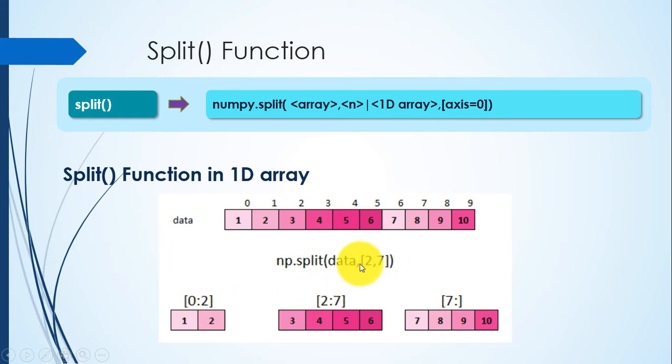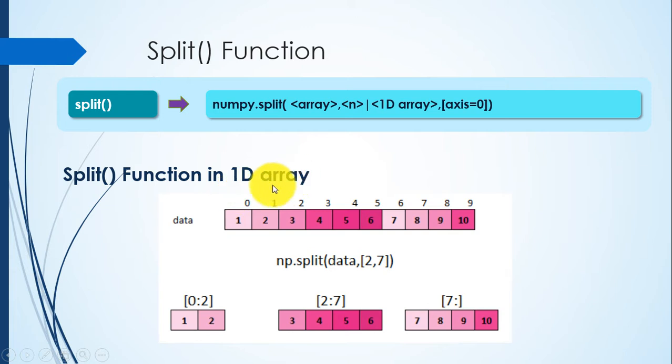First of all, from the starting to the second element, 0 and 1, will be the first part of the array, and then the second part will go up to the second number specified in the list, that is 7. So the second split will be 2 to 7 excluding 7, just like in slicing, and the third will be from 7 to last.